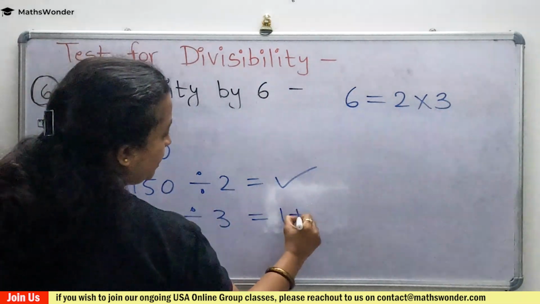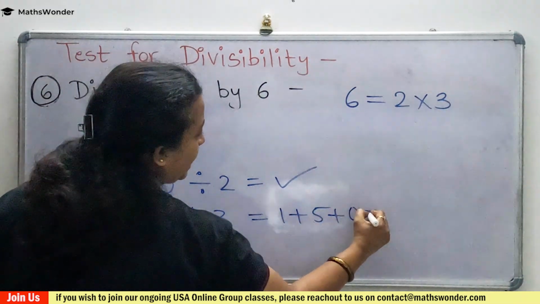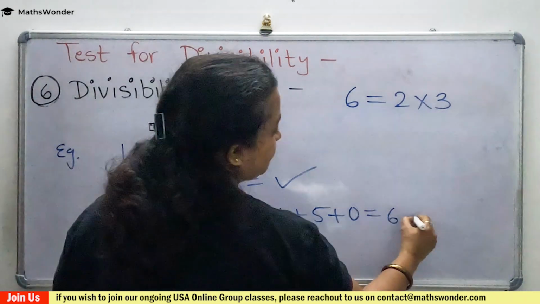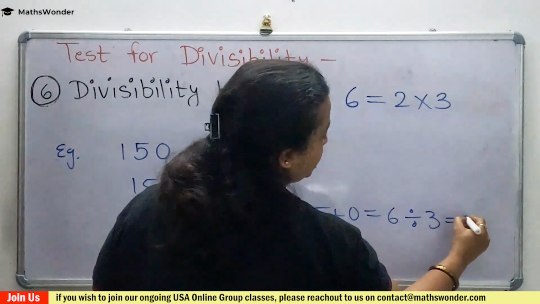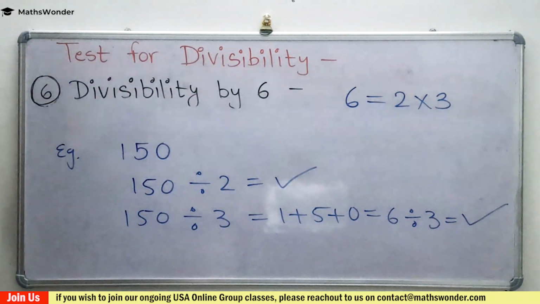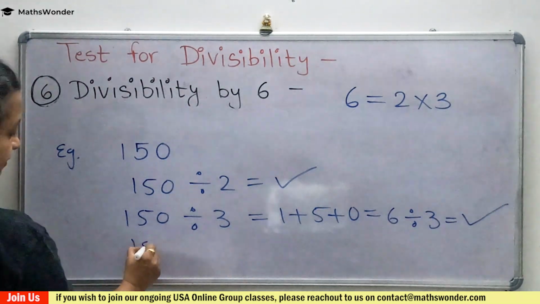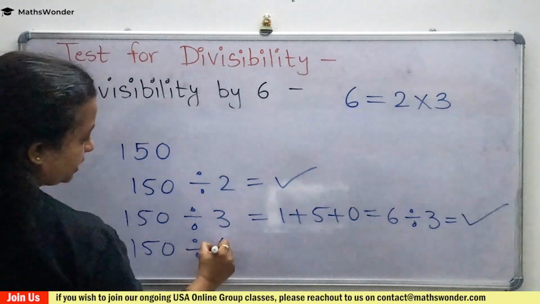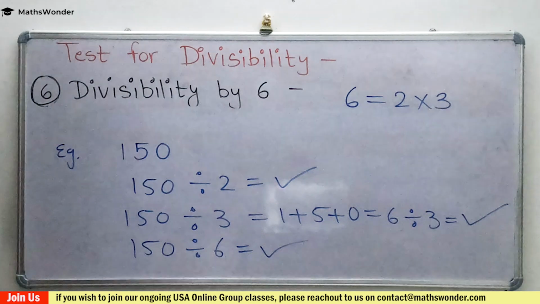When you add 1 plus 5 plus 0 you get 6, and 6 is divisible by 3. That means we can say that 150 is divisible by 6 also.